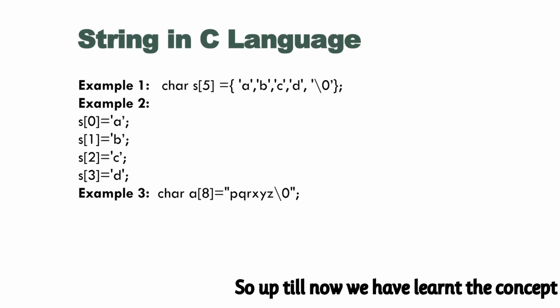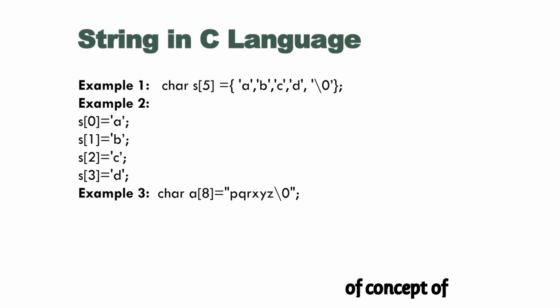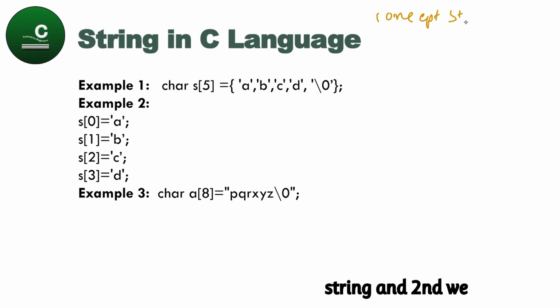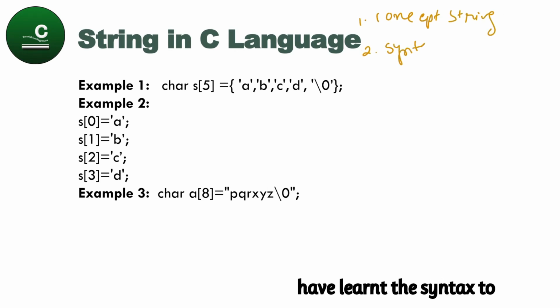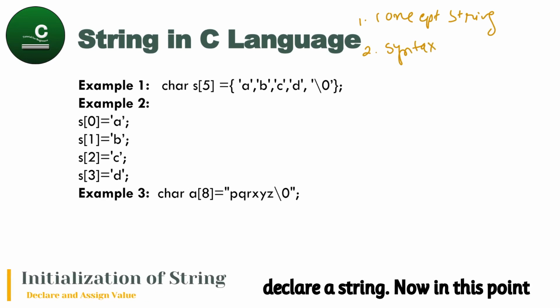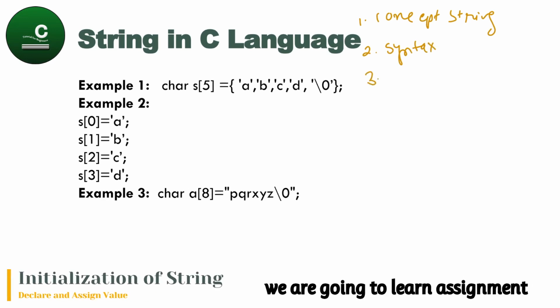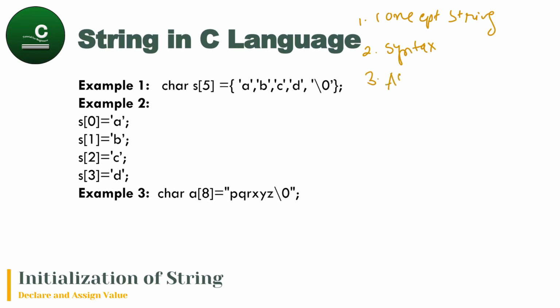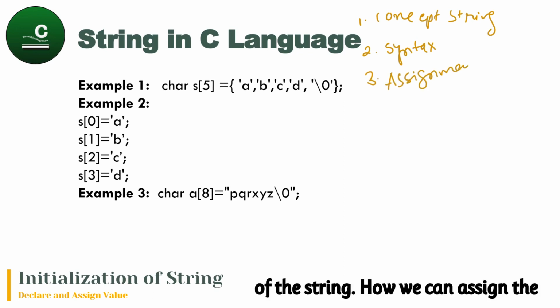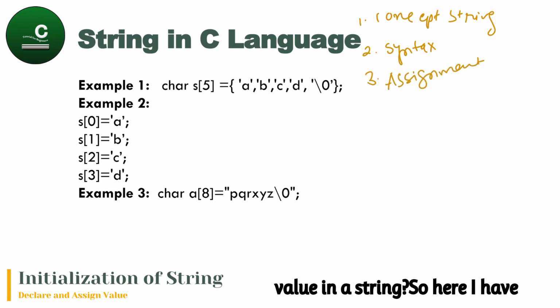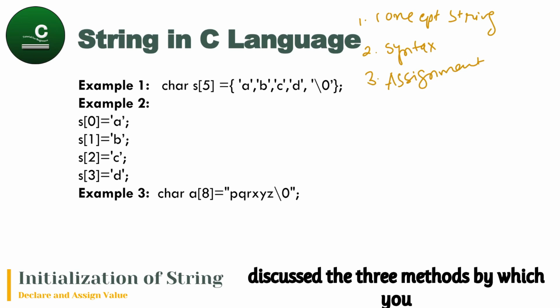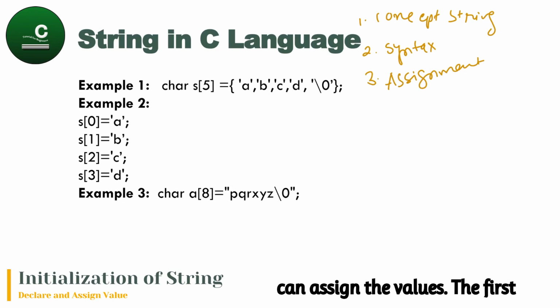Up till now we have learned the concept of a string, and second, we have learned the syntax to declare a string. Now we are going to learn assignment of a string, how we can assign values to a string. Here I have discussed 3 methods by which you can assign values.